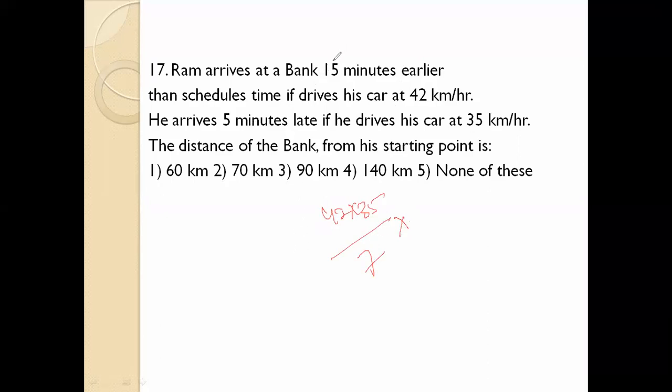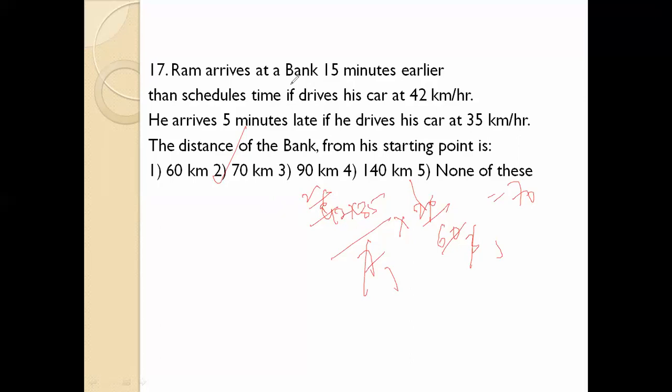Late and early means addition: 15 plus 5 is 20. Convert minutes into hours by dividing by 60. 7 1s are 7, 7 6s are 42, so 35 into 2 is 70 kilometers.